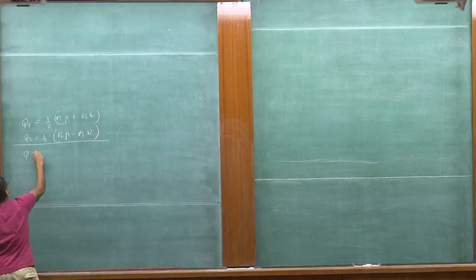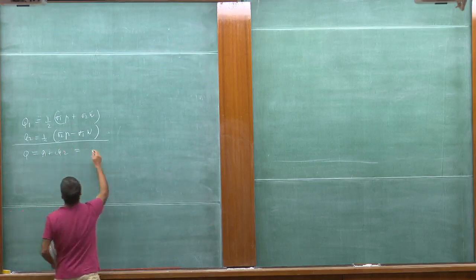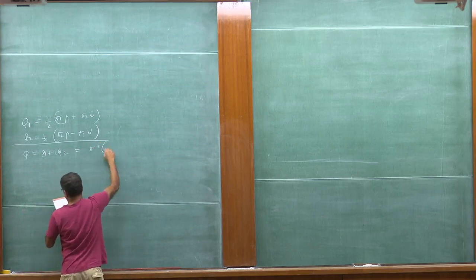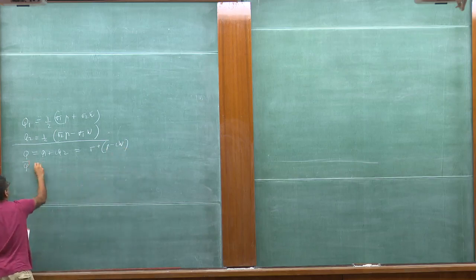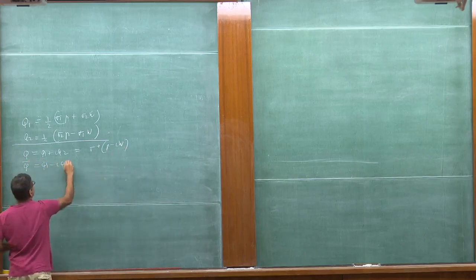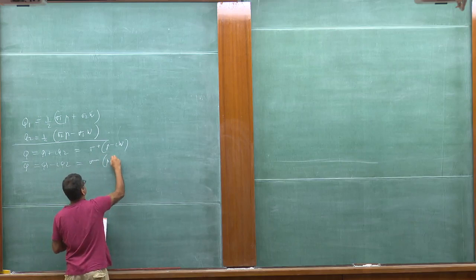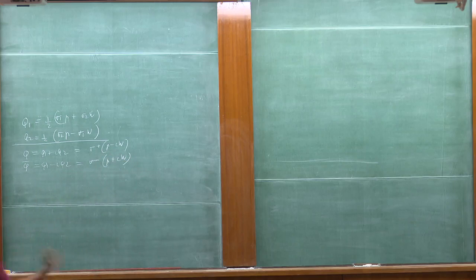So we defined Q, which was equal to Q1 plus iQ2, which was sigma plus (p minus iw), and we also defined Q bar, which was Q1 minus iQ2, which was sigma minus (p plus iw). Okay, in that case we already had the operator form of the supersymmetry algebra.